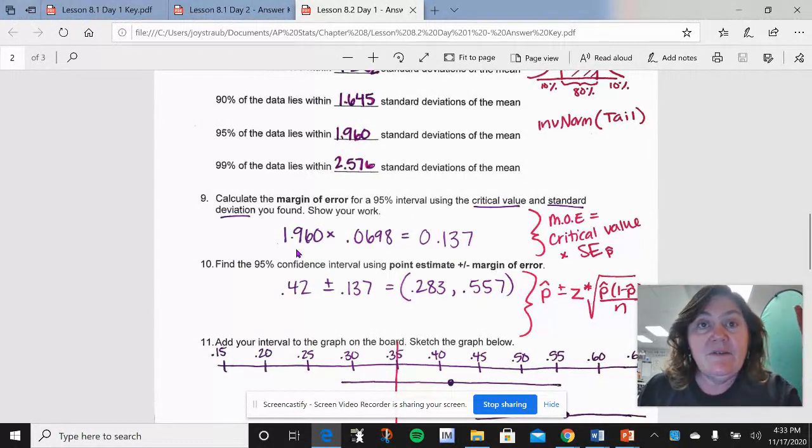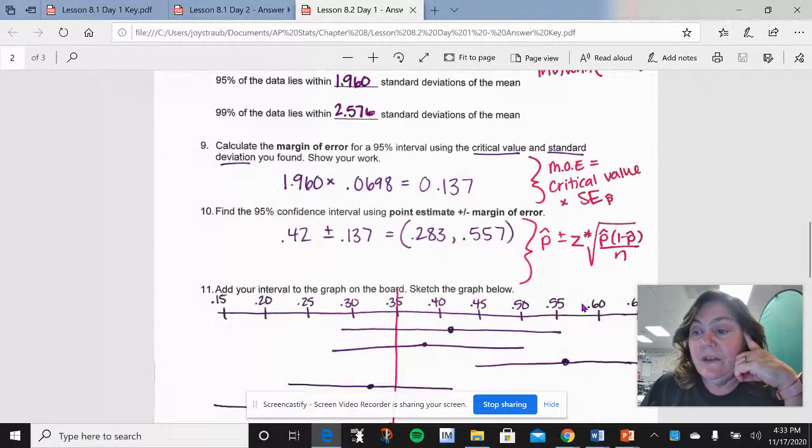This is what a standard deviation exists of, and this is how many away it is. Finding a 95% confidence interval is that point estimate plus or minus your margin of error. So it's that point estimate we did with p hat, 0.42, and then this margin of error that we got.